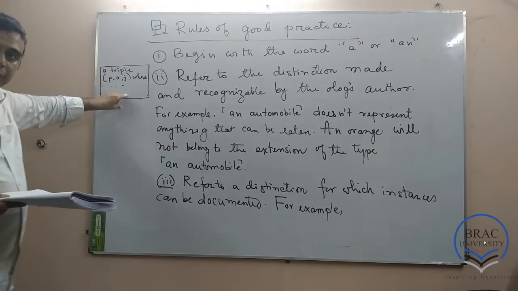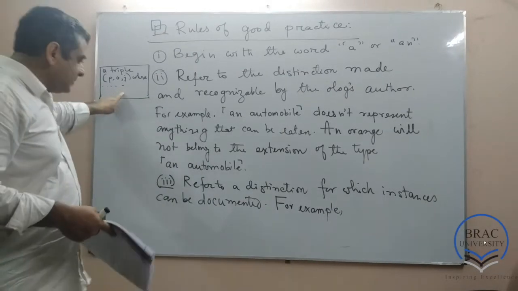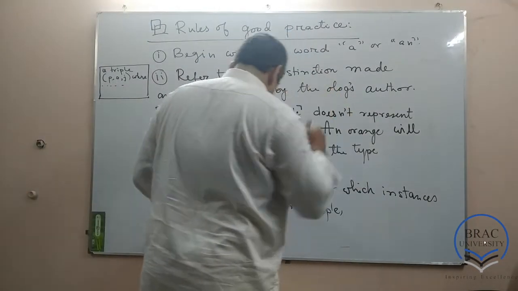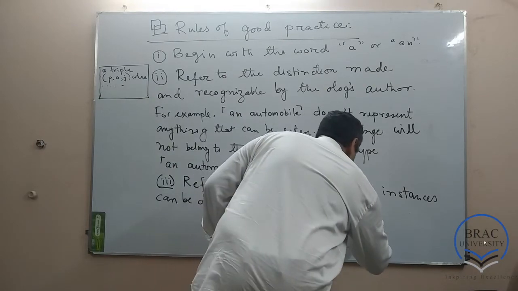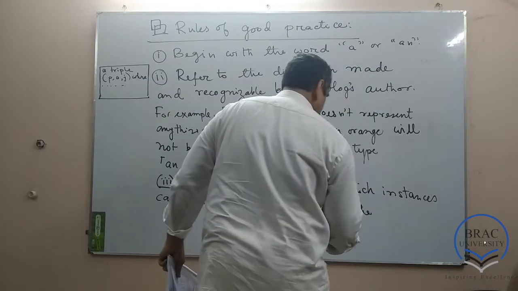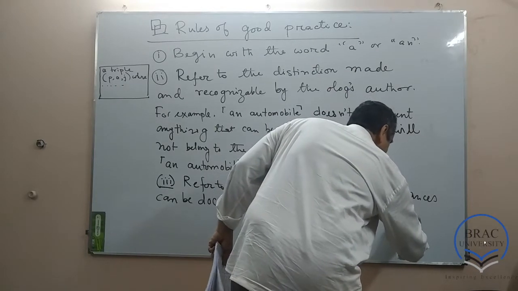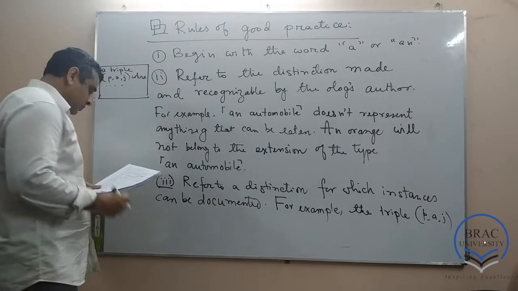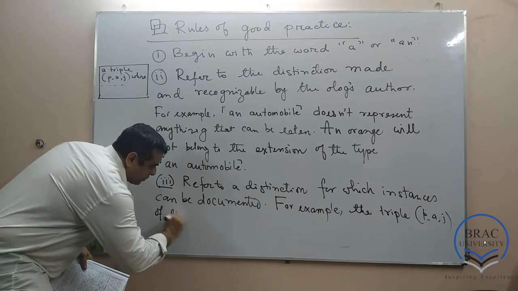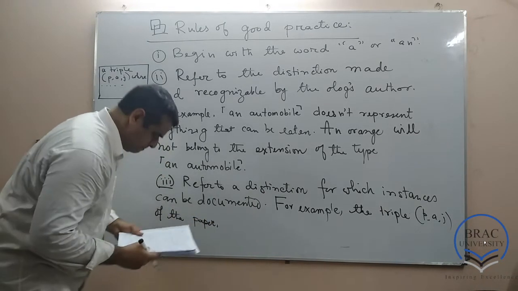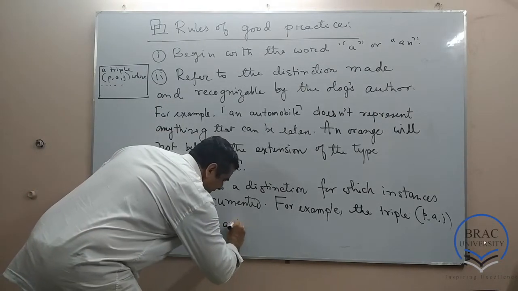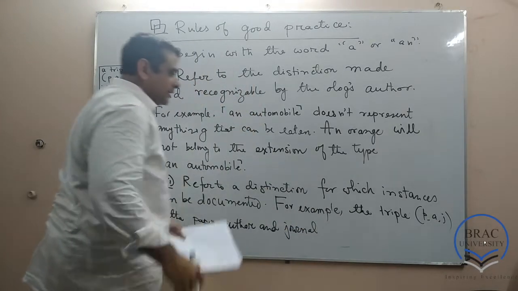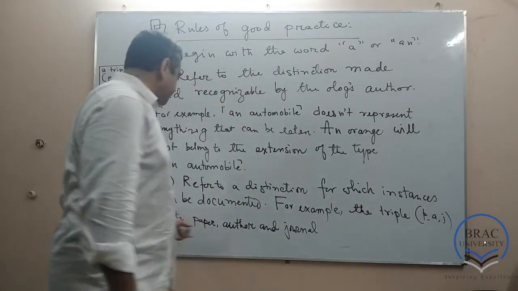So this was a type, and for this example, we see that the triple P, A, J of the paper, author, and journal.